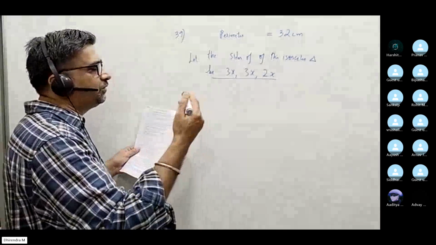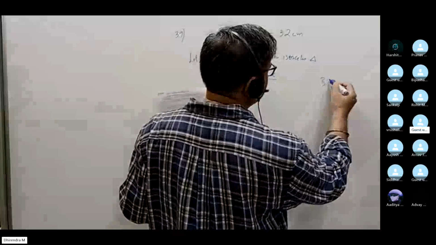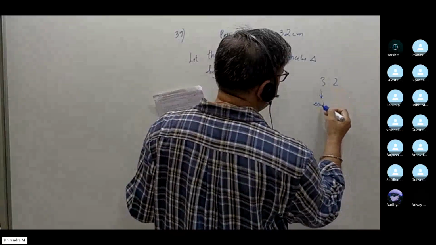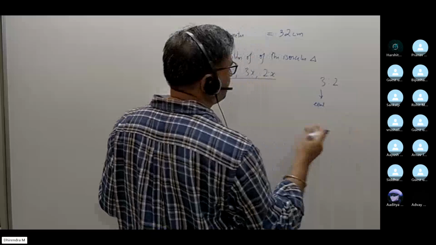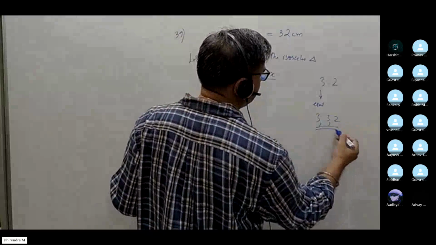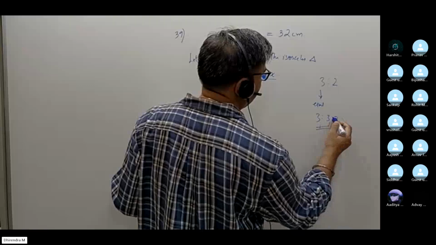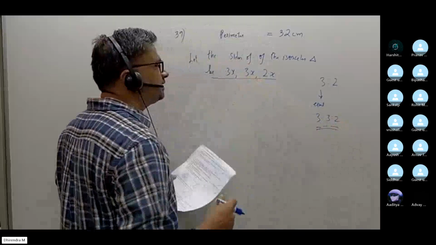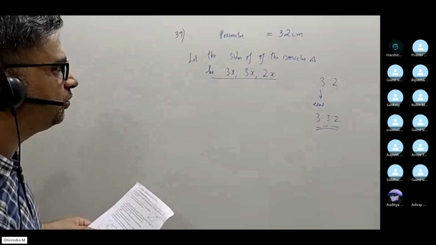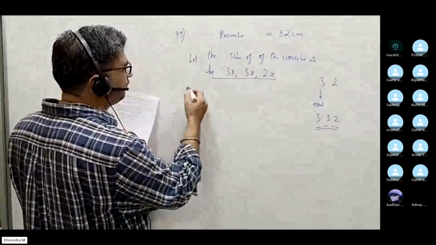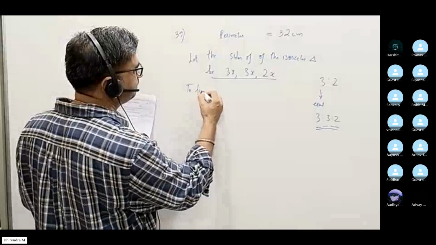It's given that the ratio of the equal side to the base is 3:2. There are two equal sides in an isosceles triangle. So 3, 3, 2. This is the ratio of the sides, not the actual measure. So the actual measure is 3x, 3x, and 2x. Are you good, folks? Now we have got to find what? To find the area.